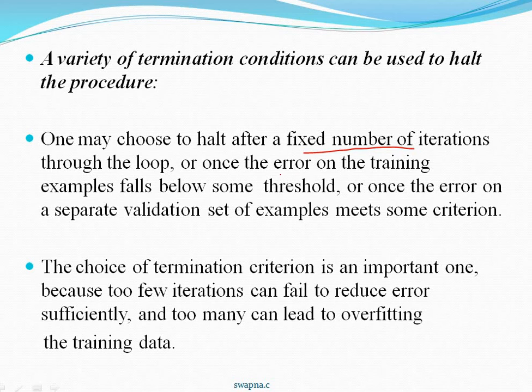Or one more thing: once the error on the training examples falls below some threshold, we can keep some threshold value, and if the error falls below it, the iterations stop. Or once the error on a separate validation set of examples meets some criterion. Like in our real-time example, students have passing marks.